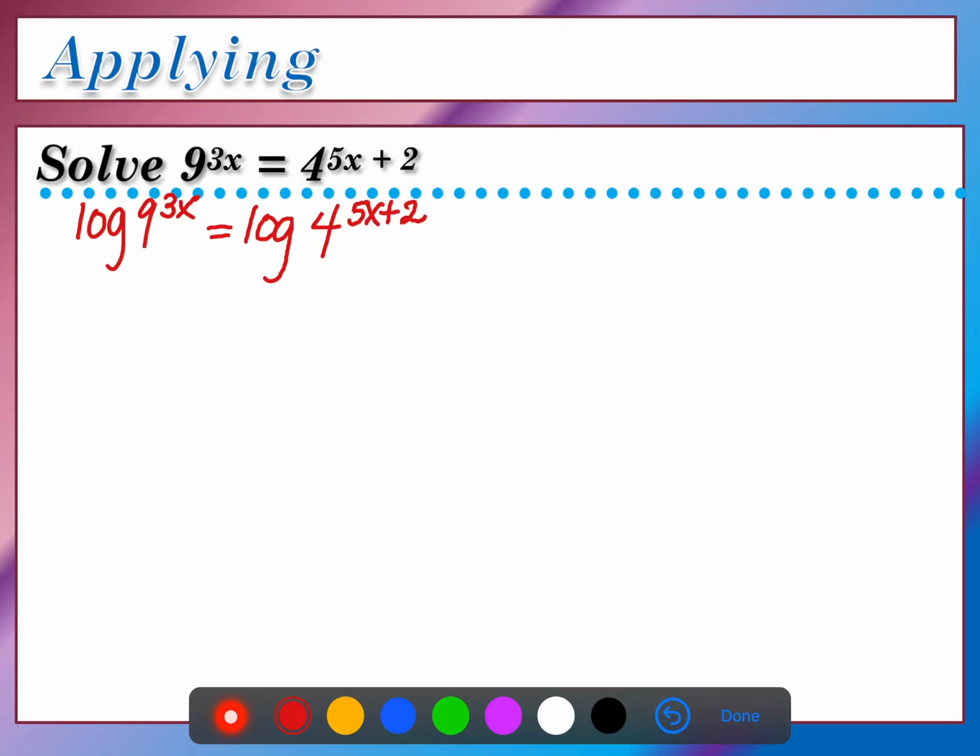Okay, and then we're going to use our properties to bring the 3x and the 5x plus 2 to the front as coefficients. And my binomial, I'm going to put in parentheses.